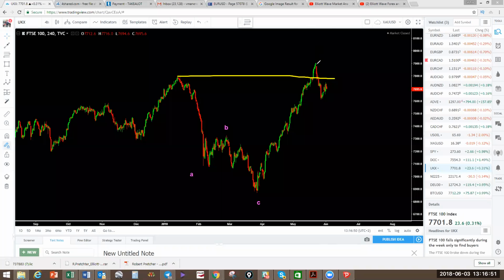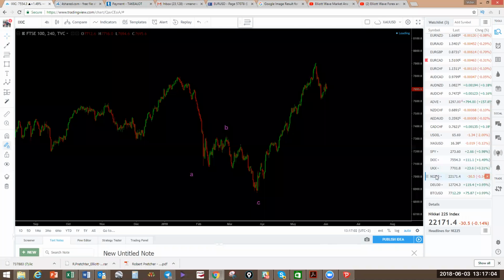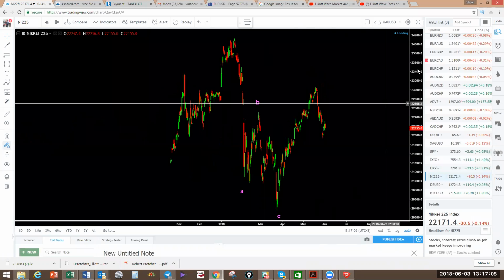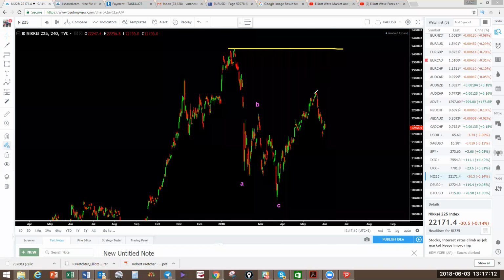When it was here, the Nikkei was nowhere close to its top, but we know because this one was coming to the top that the Nikkei will follow suit. That's why when you go to the Nikkei now, you'll find that the Nikkei has also made the same turning point. And this is the Nikkei here. You see, the Nikkei was nowhere close to that turning point, but because UK 100 was already at the top, we knew that they were all going to make that move.